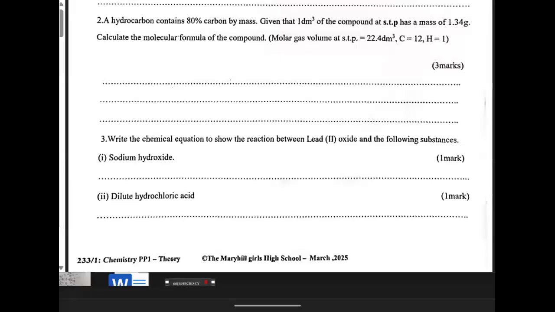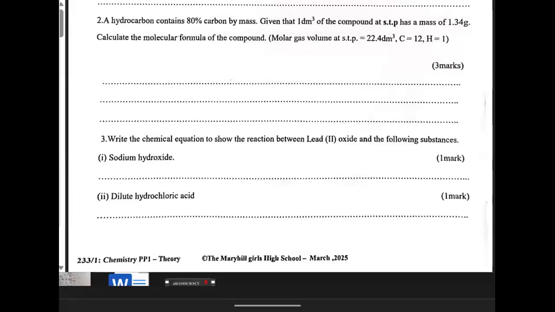When it reacts with the base, sodium hydroxide, you write the equation PbO plus NaOH. The product will be sodium plumbate and water. Sodium plumbate is Na2PbO2.